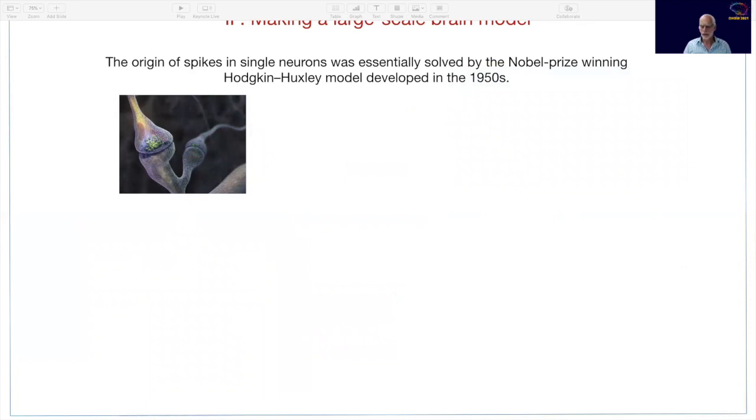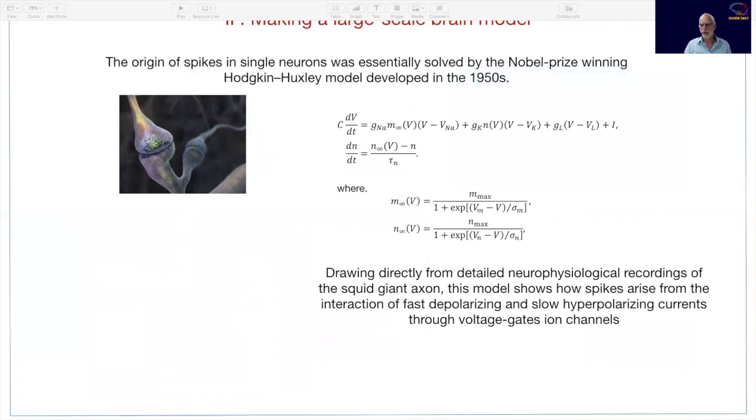Now, since the 1950s, we've basically had pretty good mathematical models of single neurons. And these are called the Hodgkin-Huxley model, after two neurophysiologists, Hodgkin and Huxley. I don't want to go into the details of these equations, but they describe the flow of ions through ligand and voltage-gated channels in the cell. So these ions being sodium, potassium, leaky channels, maybe calcium.